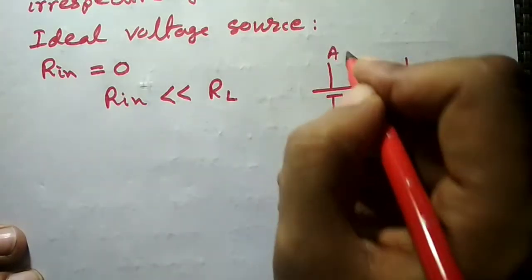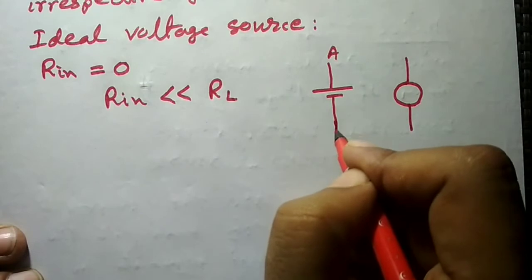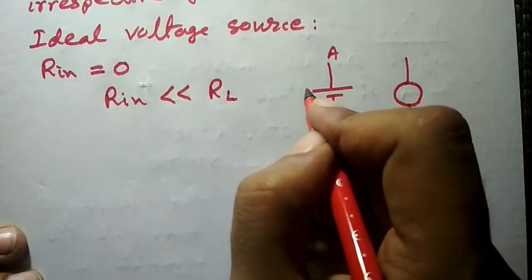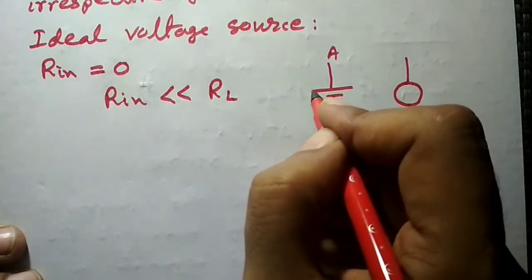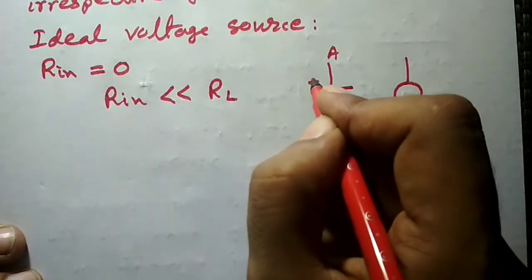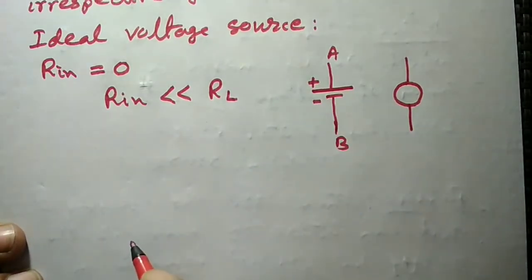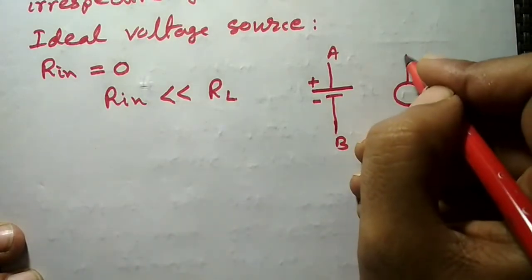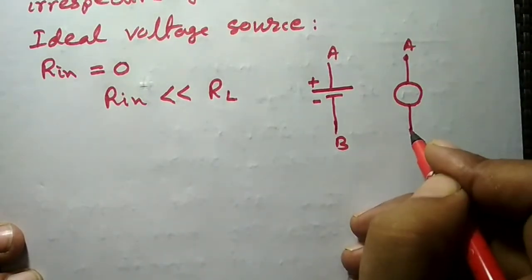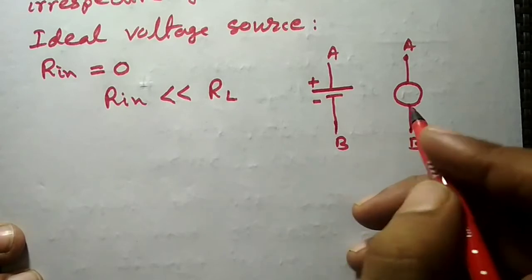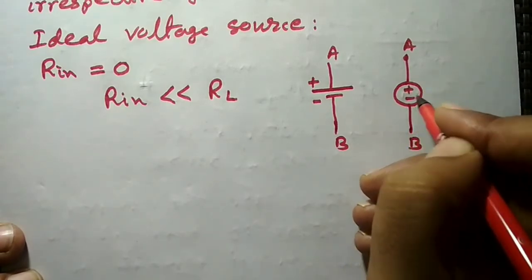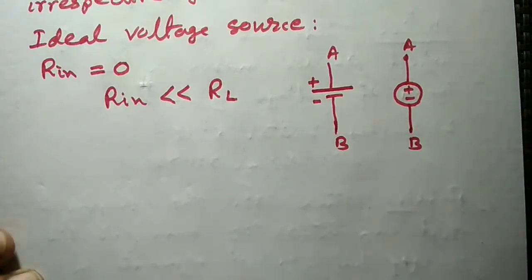It can be represented by this, where this plate is considered as the positive plate and this is considered as the negative plate. Sometimes the voltage source is also represented by this symbol, and here it will be represented as plus and minus.